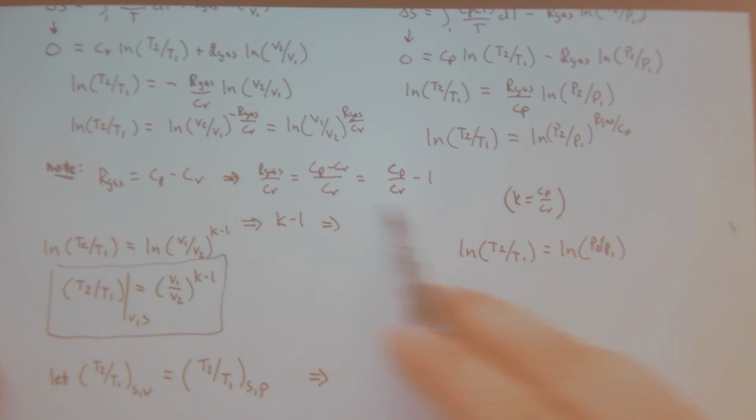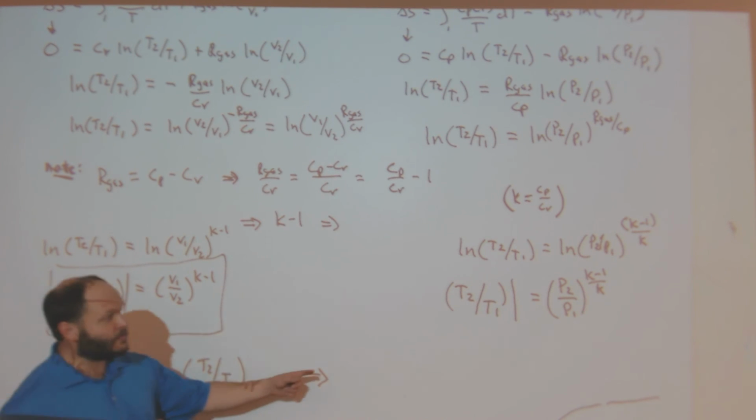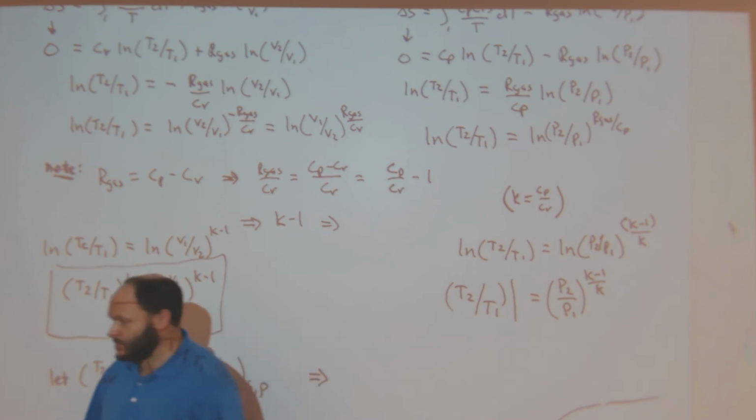And then when I go through similar mathematics, just playing around, I have K minus 1 over K. So I get T2 over T1 equals P2 over P1 to the K minus 1 over K. This T2 over T1 is at constant what? Pressure and entropy.